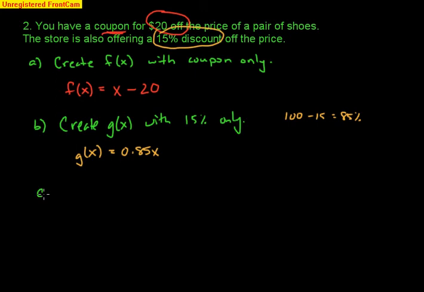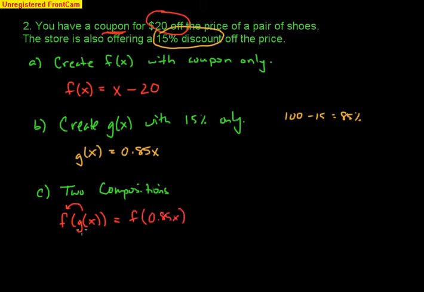So now I want to create the two compositions of functions. Let's start with f of g of x. So we always start inside out, right? So f of, and then g is 0.85x. So what this composition is representing is we are going to apply the 15% first.